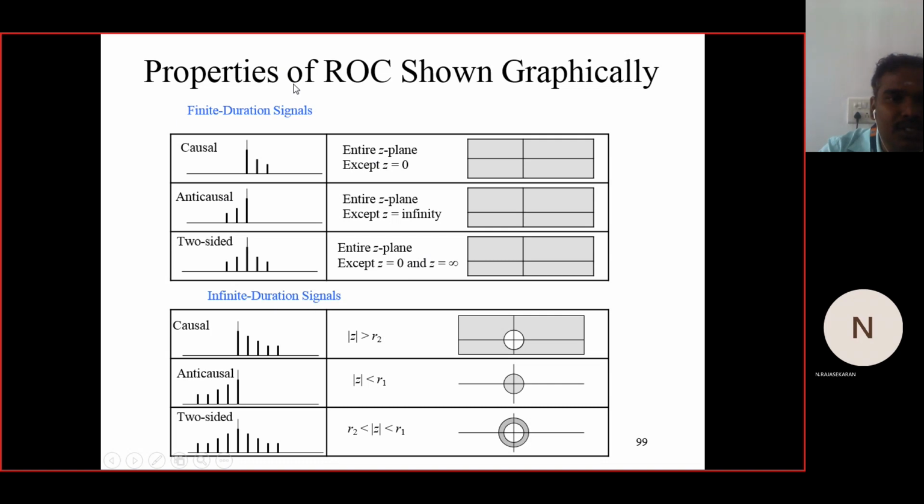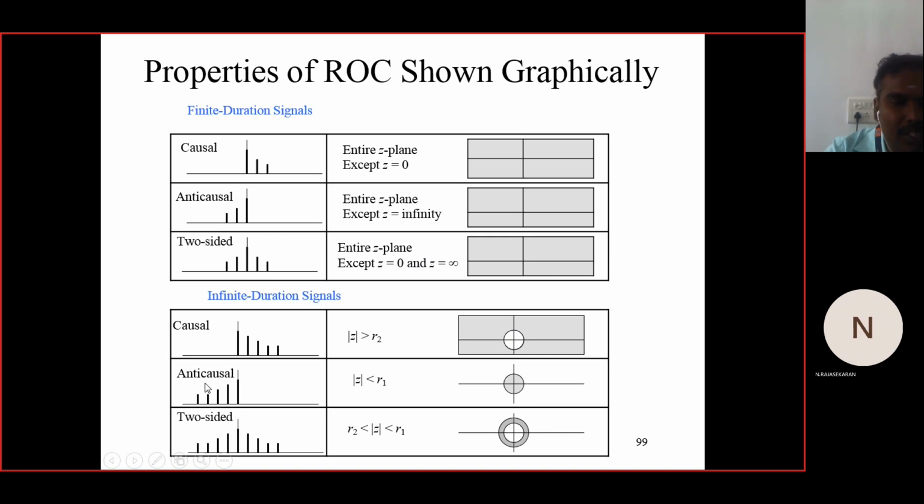Then infinite duration. This is a finite duration signal. Suppose your signal is an infinite duration signal for a causal system; your system is a discrete system represented on the right side of the XY plane. That is, modulus of Z is greater than R2. So the outermost circle will be the ROC, and on the inner side there will be no ROC.